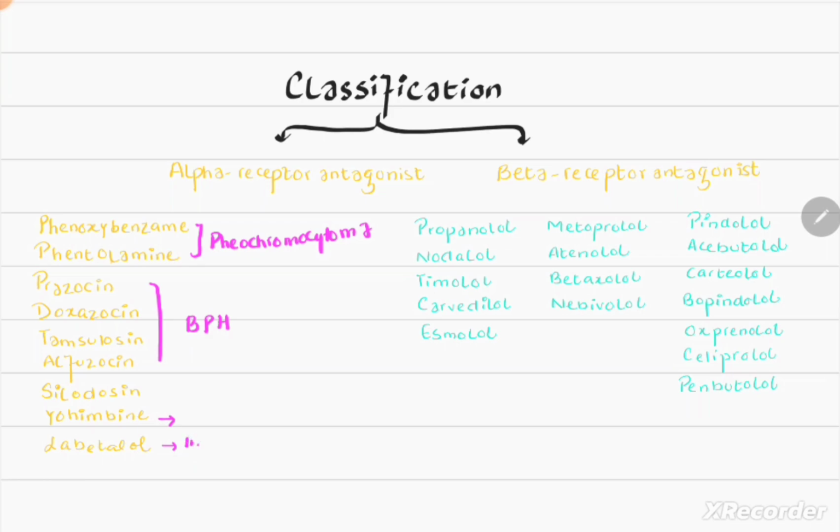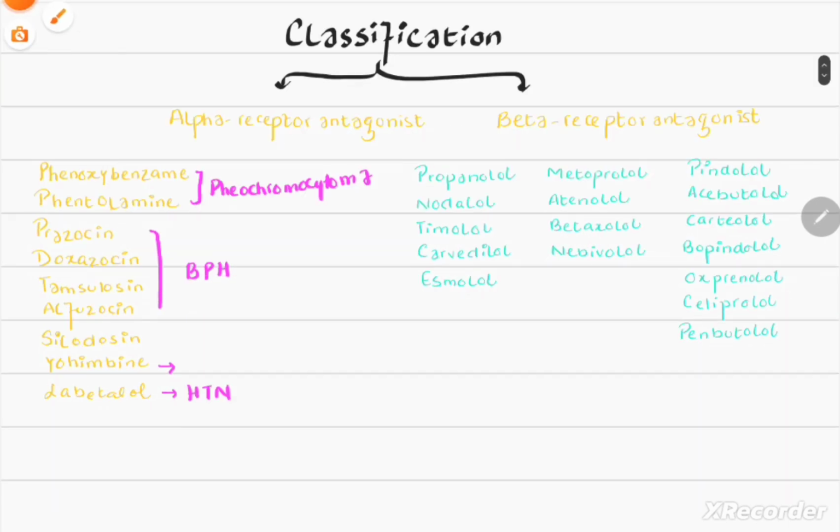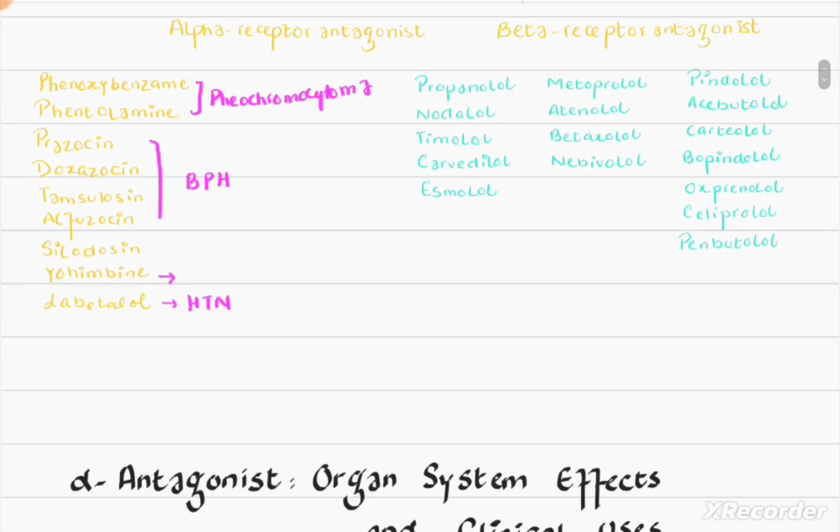So here we have the beta receptor antagonists, in which we have non-selective, selective, and partial agonists. We will discuss the beta receptor antagonists in detail later on.